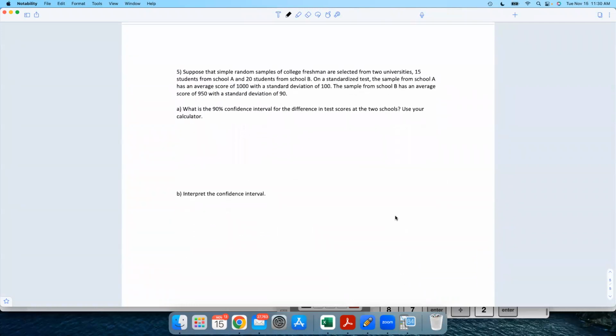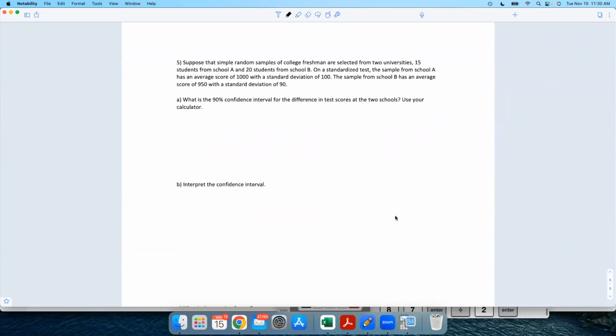All right, and then our last problem here. Again, pause the video, read the question. I hope you did that. We got to figure out what kind of problem we're dealing with. It's obviously a confidence interval because it says confidence interval. We got two different groups, school A and school B. They give me two different standard deviations.